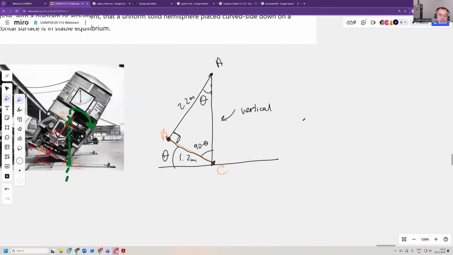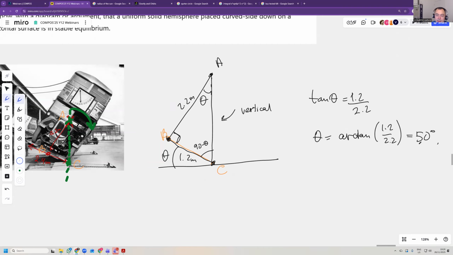From here, tangent theta is 1.2 divided by 2.2, so theta is arctan of 1.2 over 2.2, which is 50 degrees.